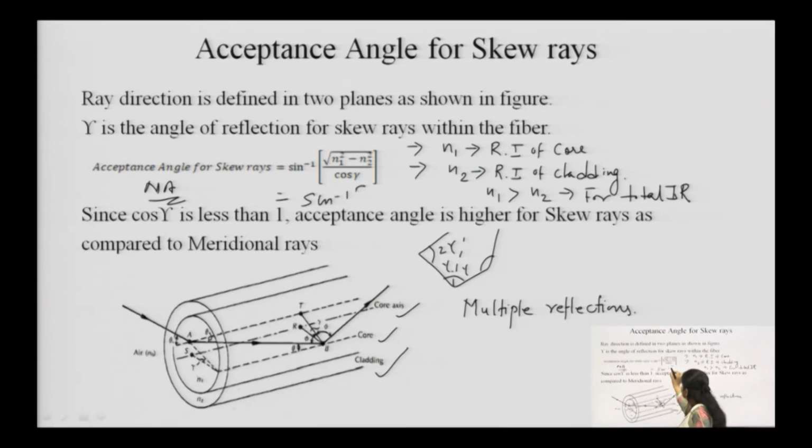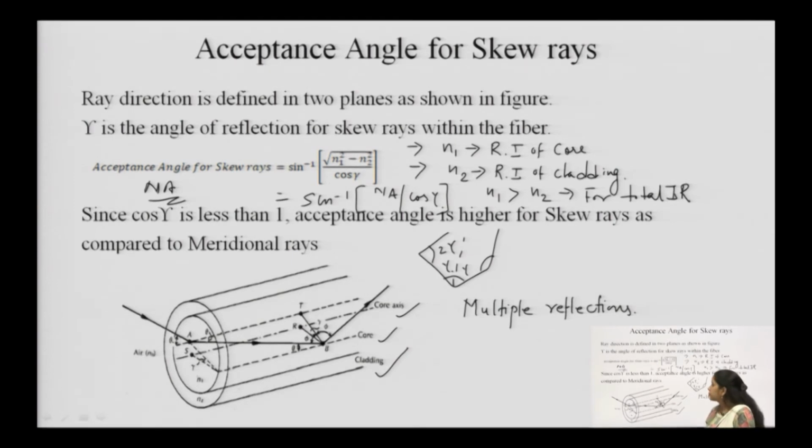So the acceptance angle is equal to sine inverse under root n1 square minus n2 square divided by cos gamma. If under root n1 square minus n2 square is equal to our numerical aperture, that is NA, we can easily say the acceptance angle for skew rays is given by sine inverse NA upon cos gamma.